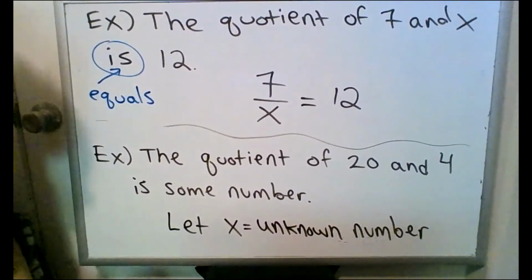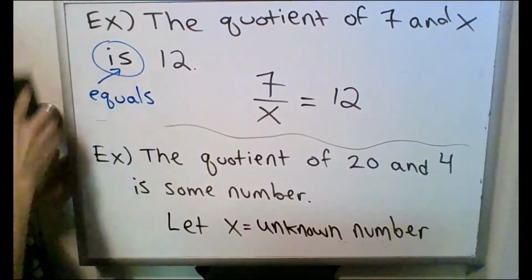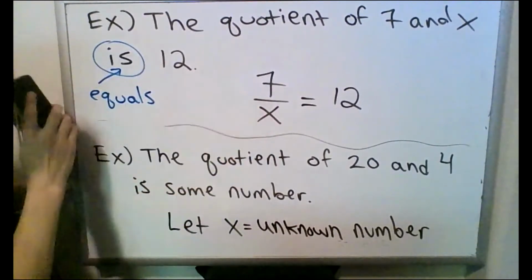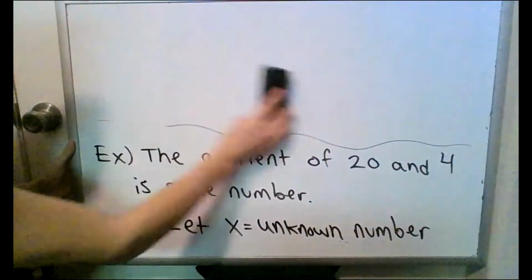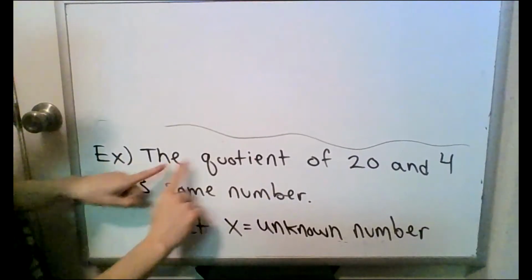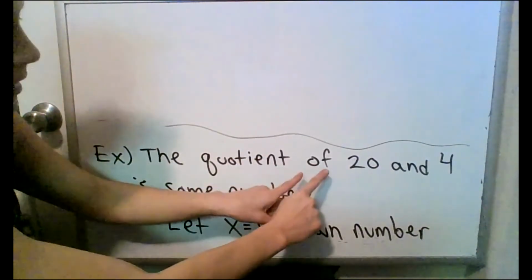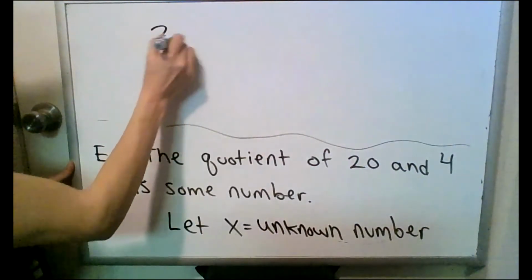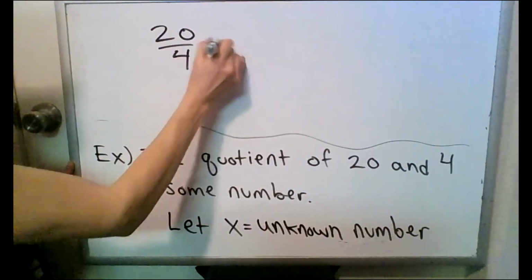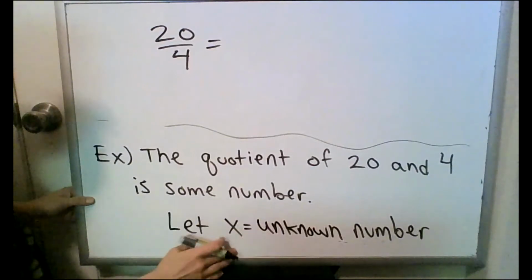And now we can try to write this sentence as a math statement. Cool. So the quotient: divide 20 by 4, and it's equal to some number, we called it x.